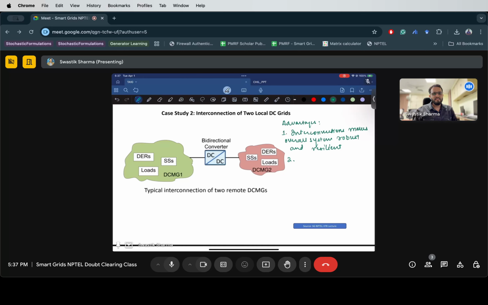Why? Because if some DC microgrid you are interconnected with has surplus generation, you can always transport that power to your DC microgrid, and that is how any outages that you suffer can be met by generation from the other microgrid being available at your site, right? And that is how you make sure that your system becomes more robust and resilient. Second, you can increase your efficiency.